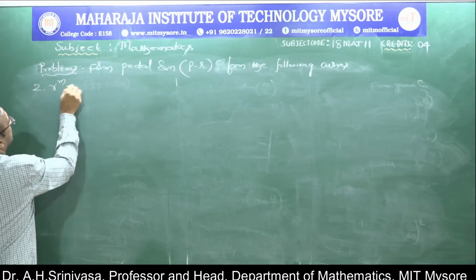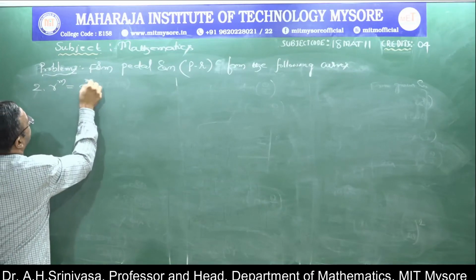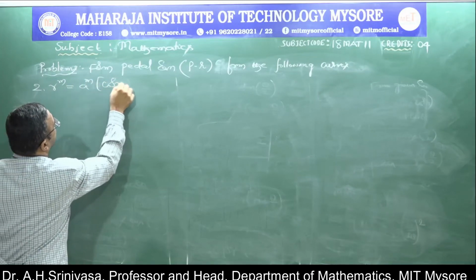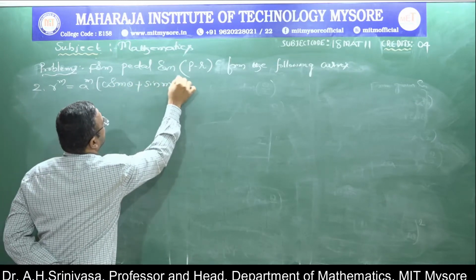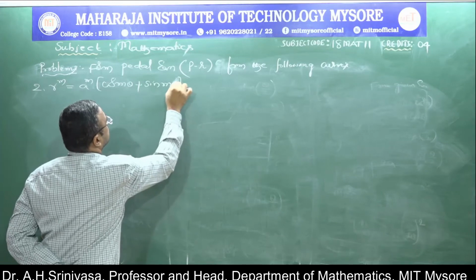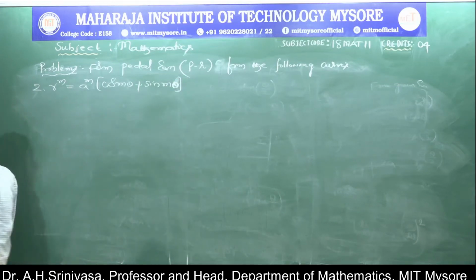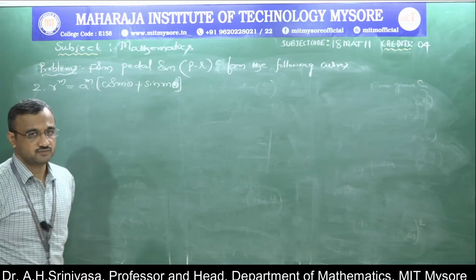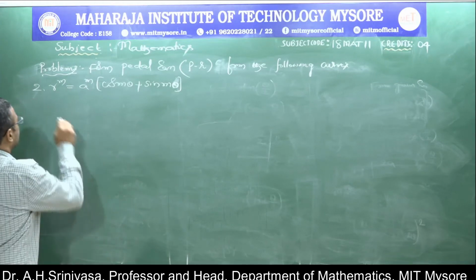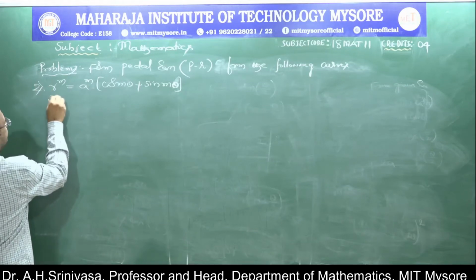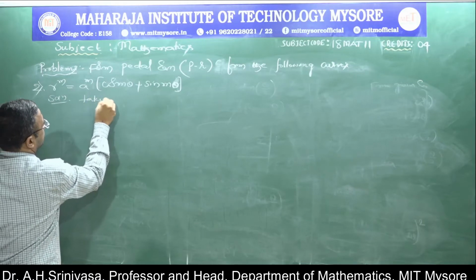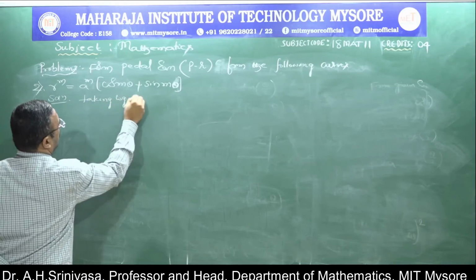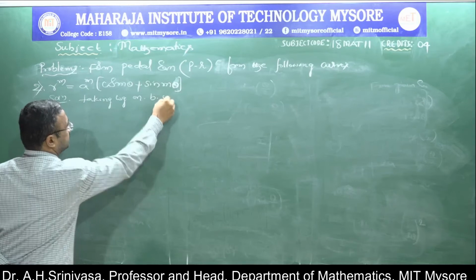r power m equal to a power m into cos m theta plus sin m theta. Okay. Now as usual, the solution: same, taking log on both sides.